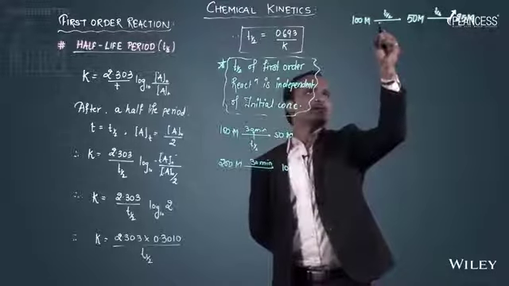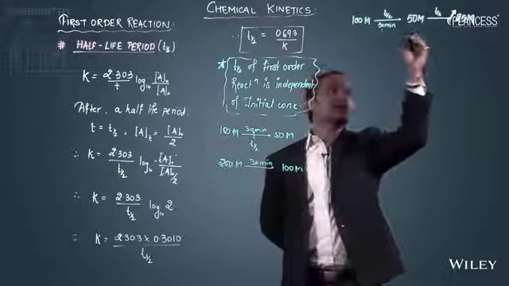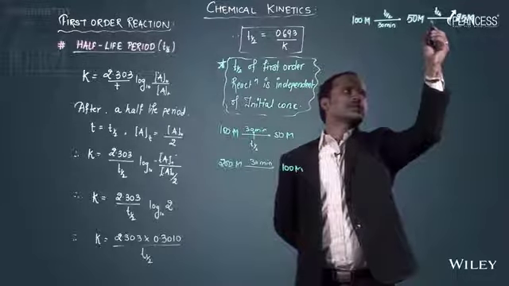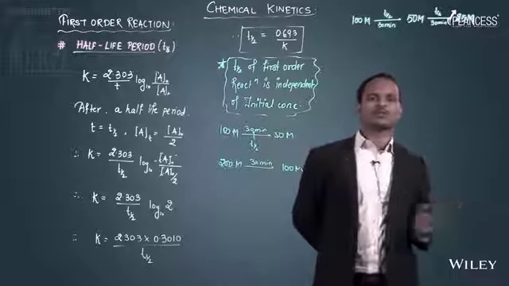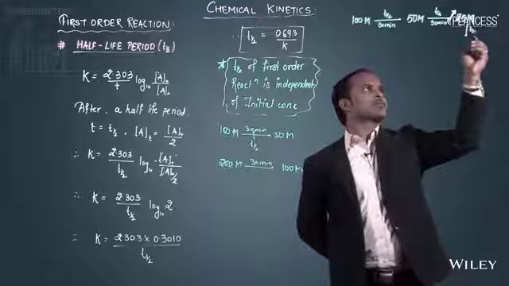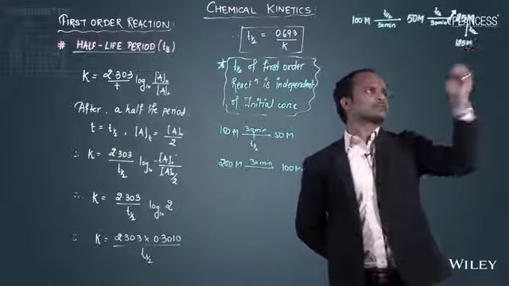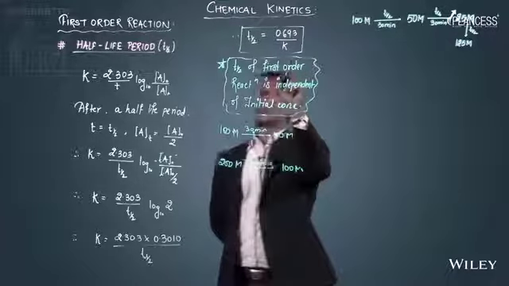So if the half-life period is 30 minutes, then in the first 30 minutes the reactant reduced by 50 molar. In the next 30 minutes the reactant will be reduced only by 25 molar, because the reaction speed has also decreased. In the next half-life period, this value reduces to 12.5 molar.